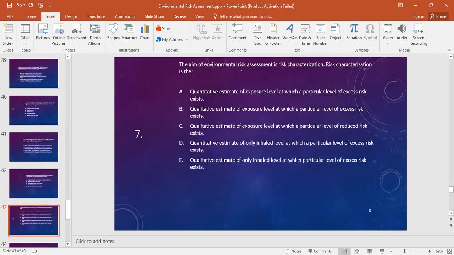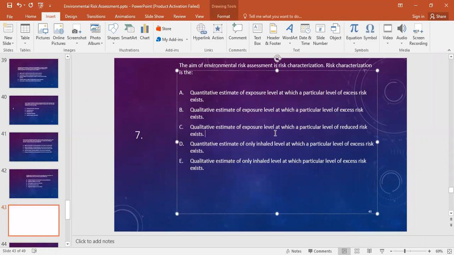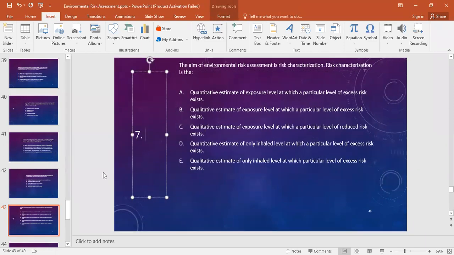The aim of environmental risk assessment is risk characterization. Risk characterization is the quantitative estimate of exposure level at which a particular level of excess risk exists. Qualitative estimate of exposure level at which a particular level of excess risk exists. Qualitative estimate of exposure level at which a particular level of reduced risk exists.